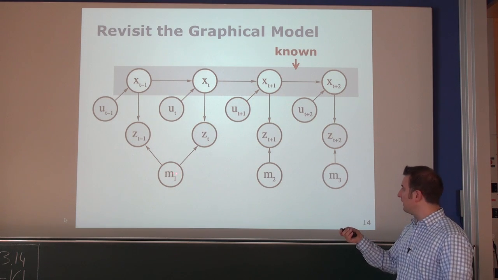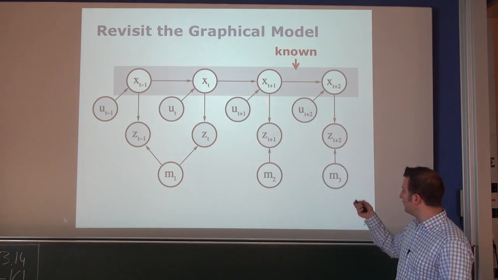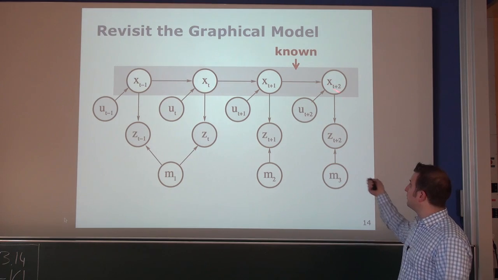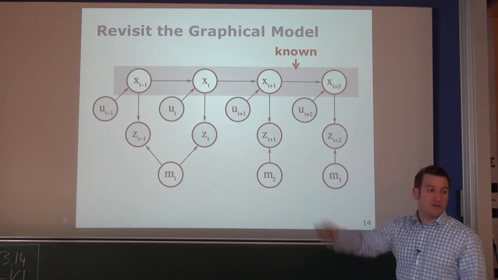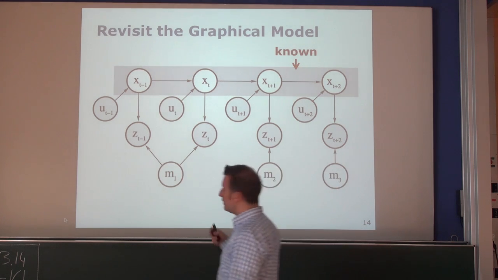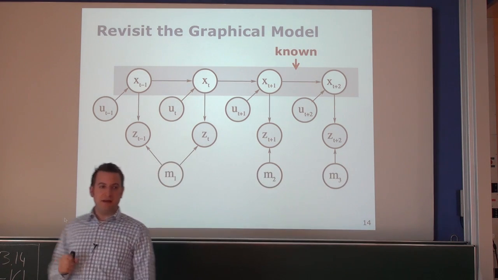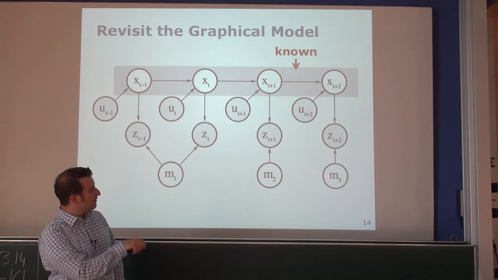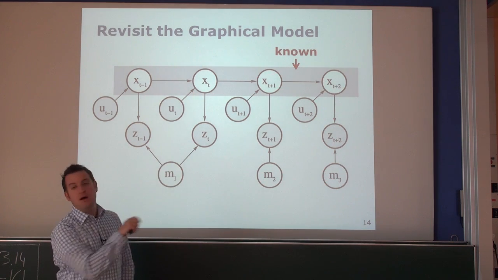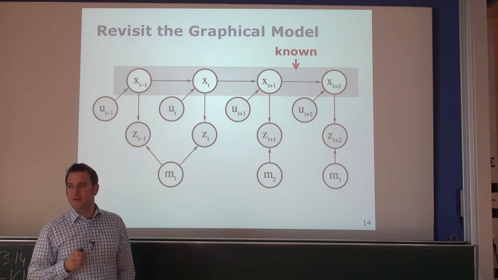There's no way to reach from m1 to m2, or from m2 to m3, or from m3 to m1, without passing through these known poses. And if this is the case, these variables are independent of each other. So these landmarks are all independent of each other, given we know the poses of the system.